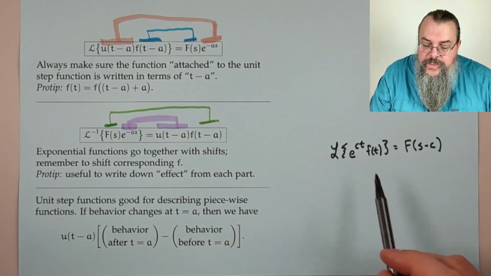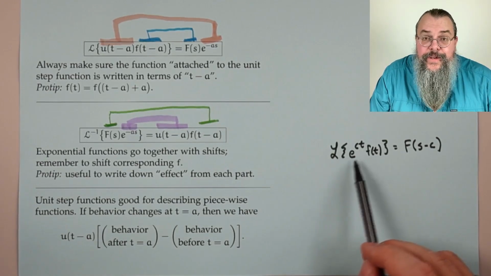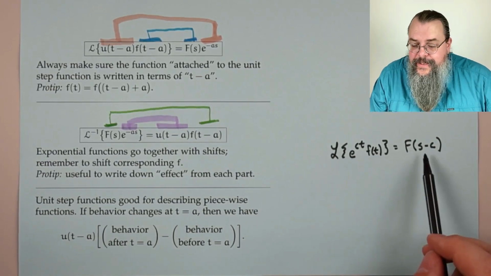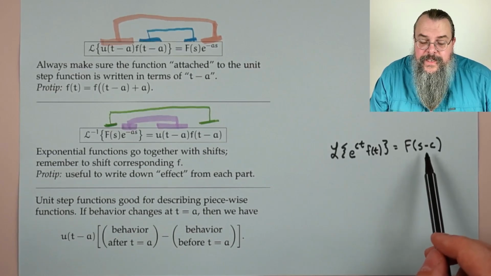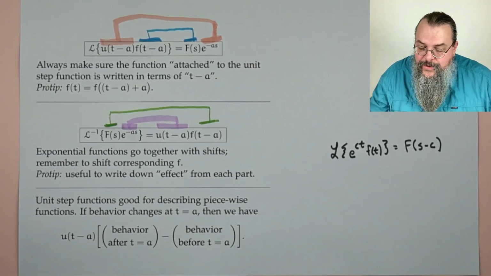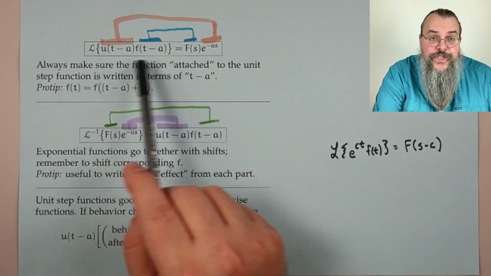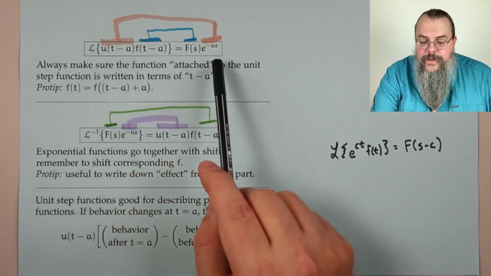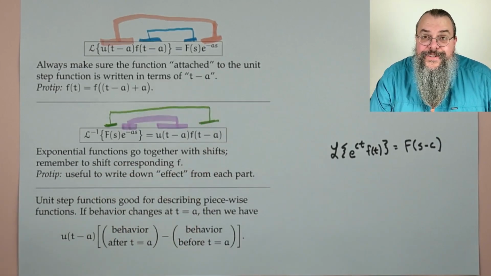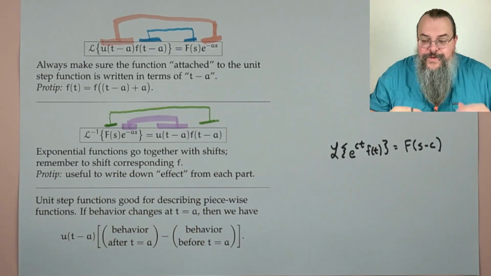So, in other words, when you had an exponential in the front, that led to a shift. And I think it's really beautiful that we see that, lo and behold, when we have a shift, it leads to an exponential. There's this beautiful symmetry that goes on.